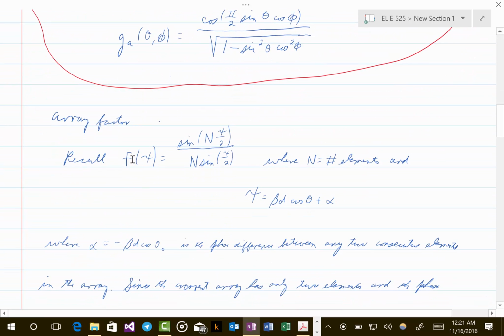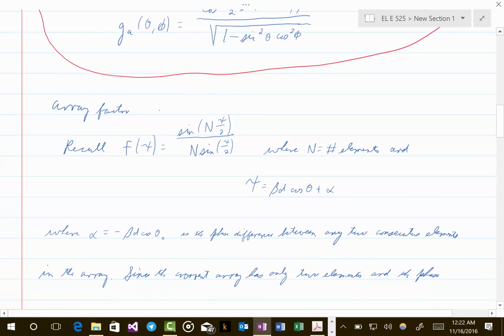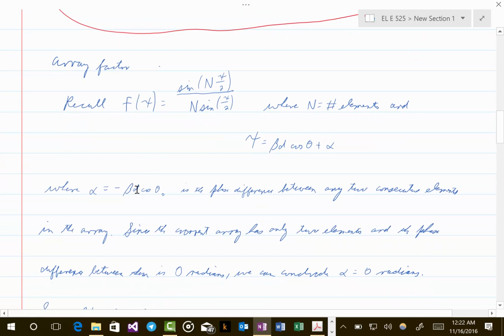Well, recall that our universal array factor formula is given by this, and N is the number of elements, and psi is equal to beta d cosine theta plus alpha, where alpha is equal to minus beta d cosine theta naught. And remember that alpha is also the phase difference between any two consecutive elements in the array.